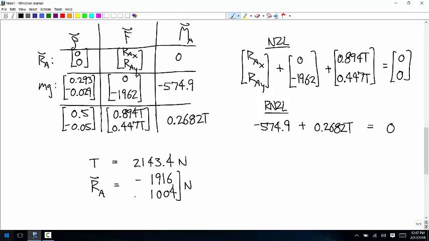Okay, newtons. Any questions about that? Any other homework problems you'd like to see? The distributed loads? Yeah. Well, I will talk about that some next, and then maybe I'll do one of those after I go through it. Any other questions?